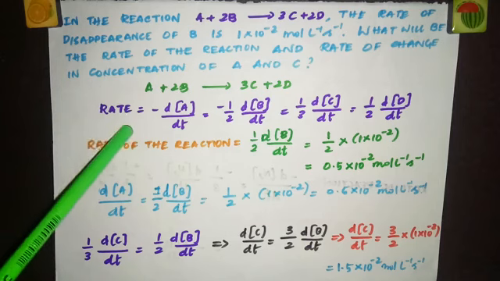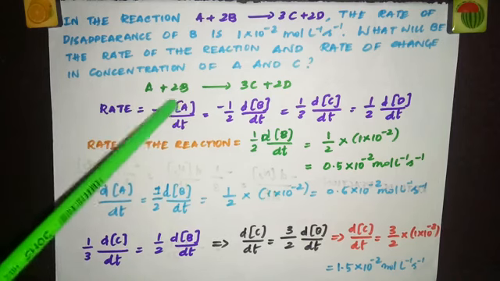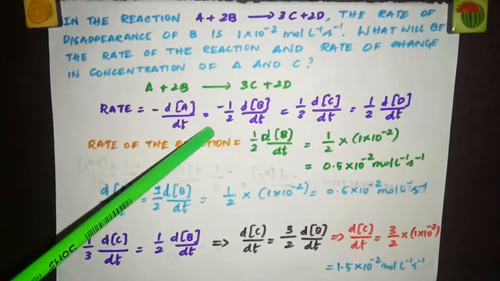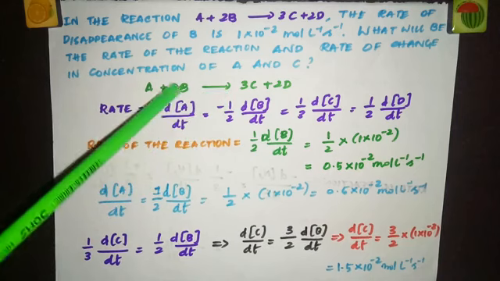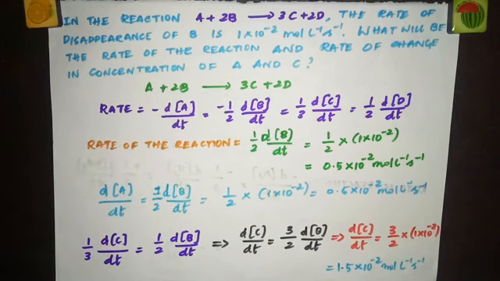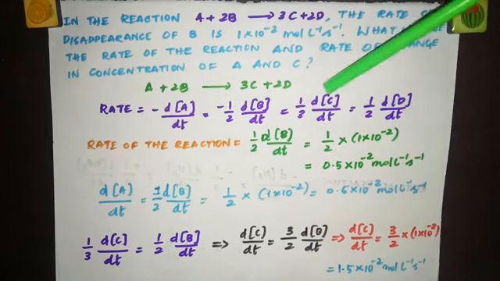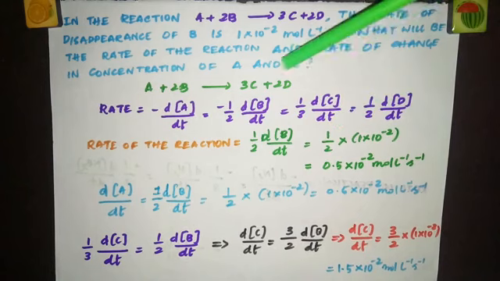So how can you write the rate of the reaction? Minus dA by dt is equal to minus 1 by 2 dB by dt, which equals 1 by 3 dC by dt, which again equals 1 by 2 dD by dt. So again, what is this?